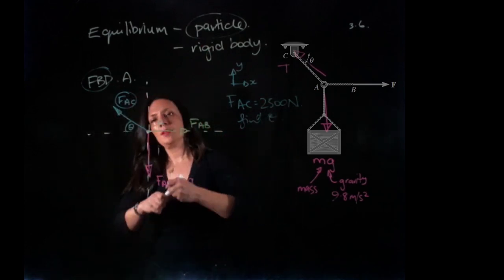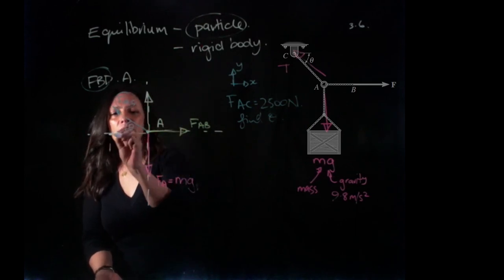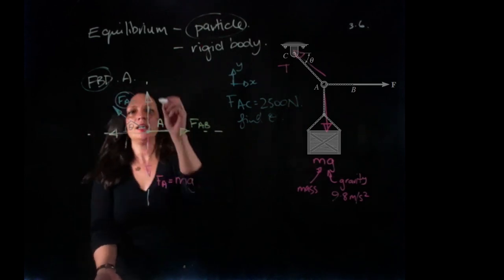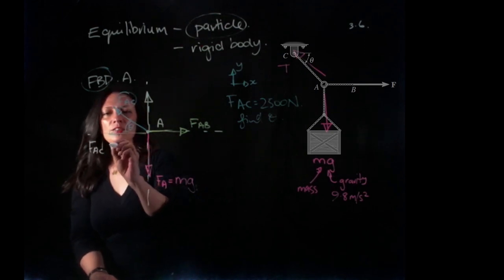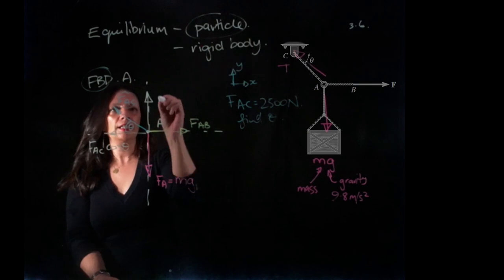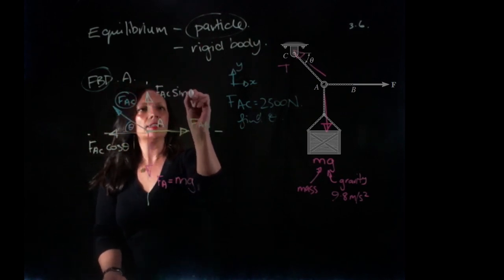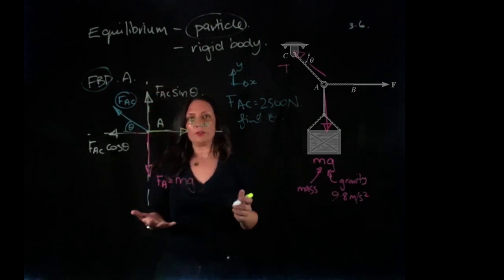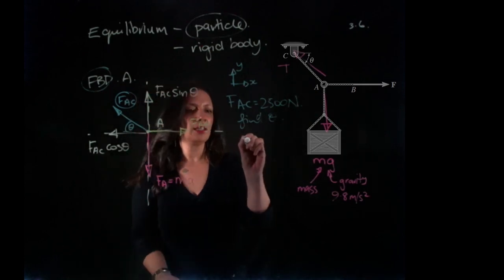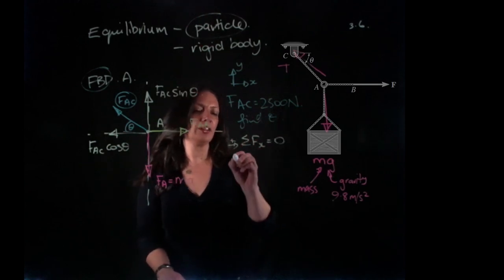So I need to break this up into my horizontal and vertical components. Here I'm going to have FAC cos theta, and here I'm going to have FAC sin theta. So I can write out my equations for equilibrium. Sum of the forces in the x direction has to equal 0.